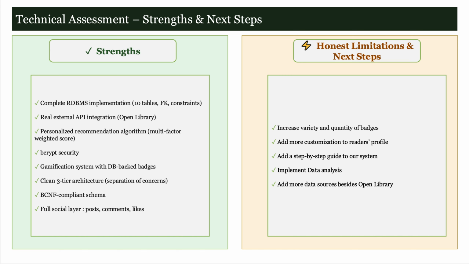Many features, such as more badges and customizations, can be further extended, as well as holes here and there within our system. The current data source, Open Library, doesn't guarantee complete information about desired books, or worse, it may not include the book's information at all. Therefore, expanding our data sources is one of the major key points for future development.